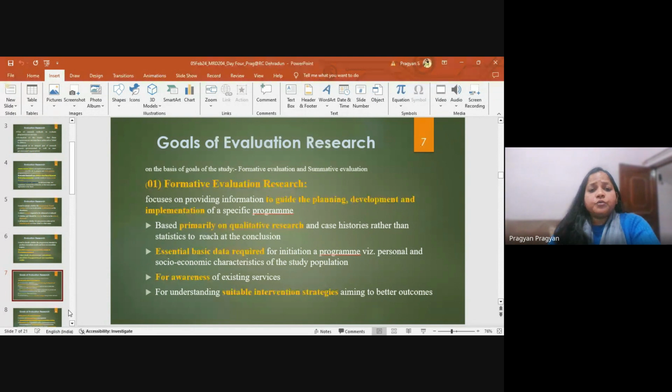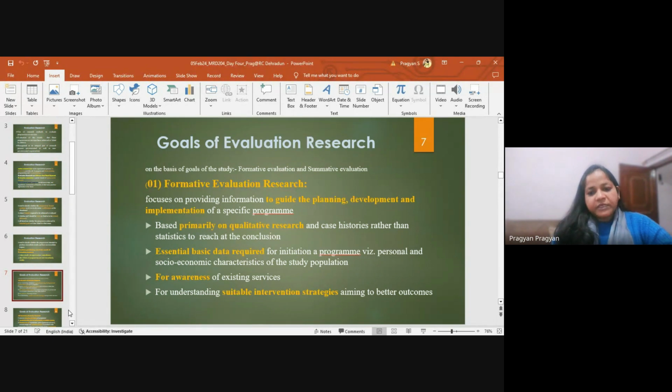Okay, so the basic distinct hallmark of formative evaluation research is that it works on very essential basic data, so that you can develop a general understanding of the particular problems, and only then can you develop certain models and strategies that can be suitable.